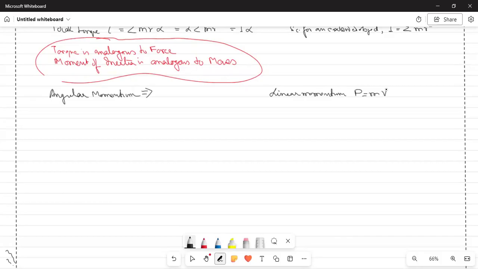I think you remember that, where m is the mass of the body, v is the linear velocity of the body, and p was called the momentum. And since velocity is a vector, its product with mass, momentum p, was also a vector.